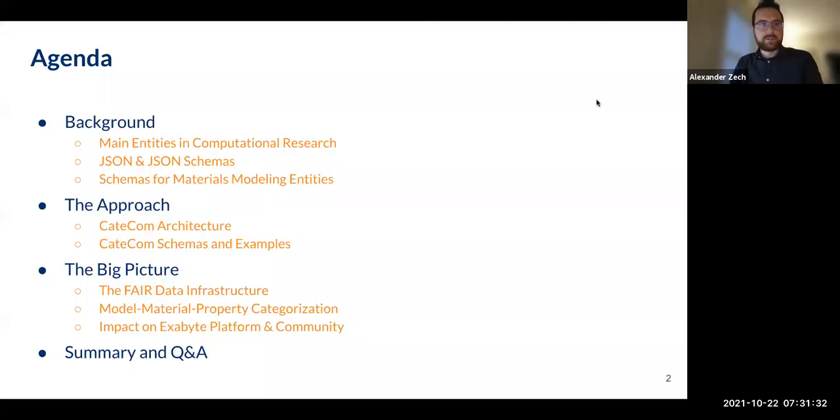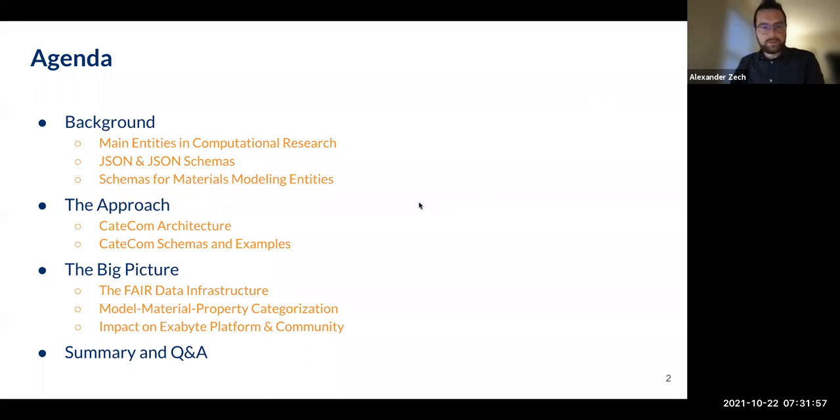All right, so then the outline, the agenda for today. First we will cover some of the background. I'll introduce the main entities that we see in computational research and also the data formats that are used to represent those entities. And then we look at some schemas for material modeling entities.